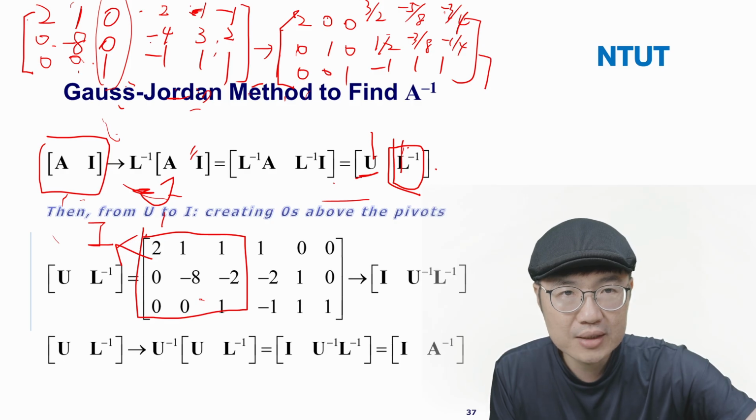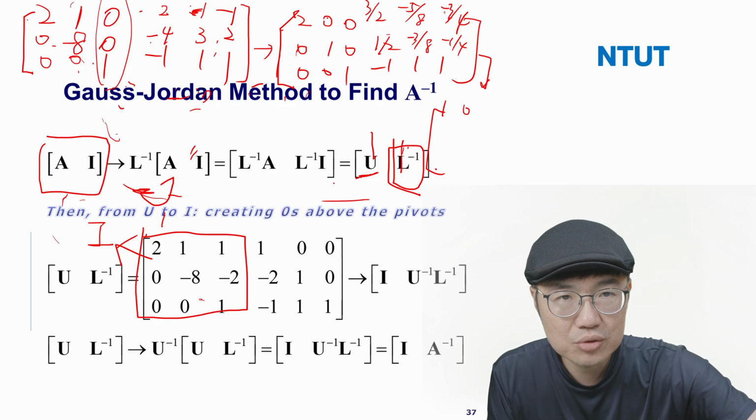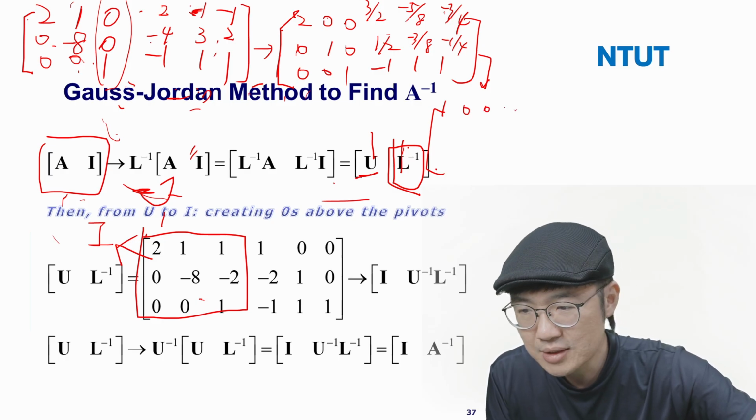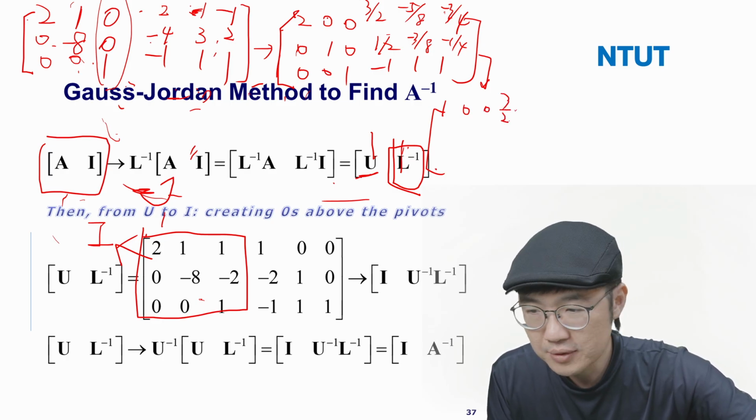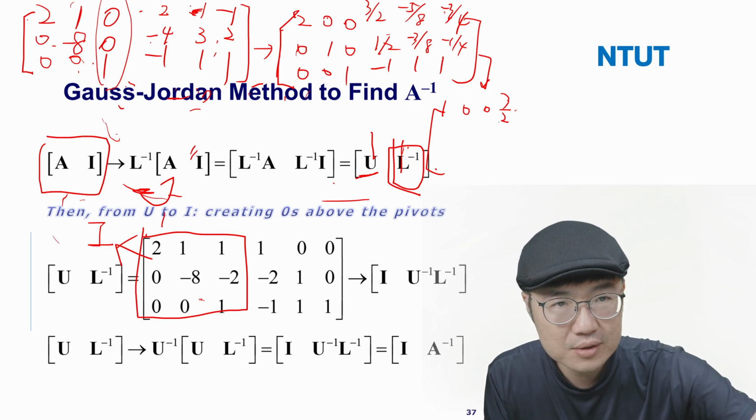Yeah, almost there if we divide the first row by 2. So 1, 0, 0, 3 over 4, and -5 over 16, and -3 over 8.